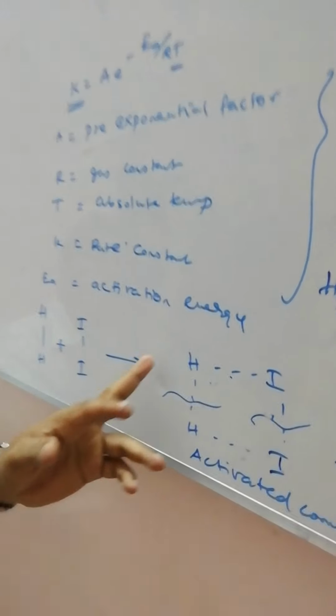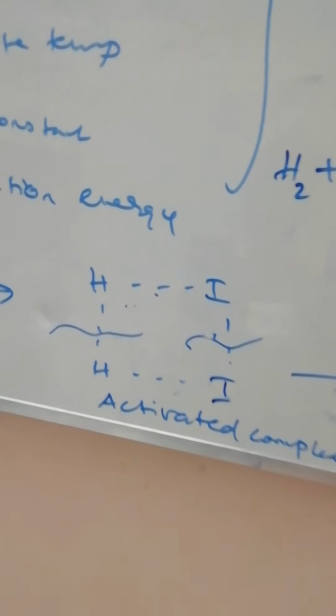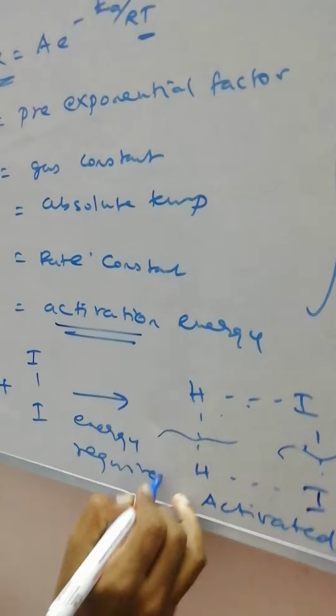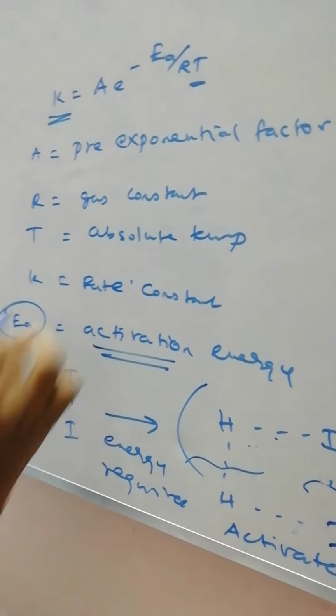Now, the energy required to form the activated complex or intermediate state is called activation energy. What is activation energy? The energy required to form this complex is called activation energy. This was explained by plotting one graph. The graph of potential energy versus reaction coordinate tells about the activation energy.